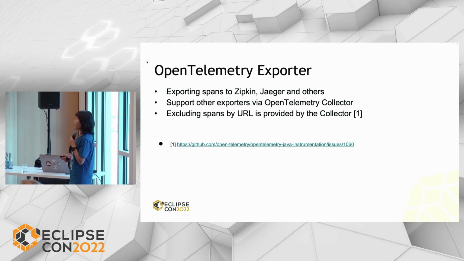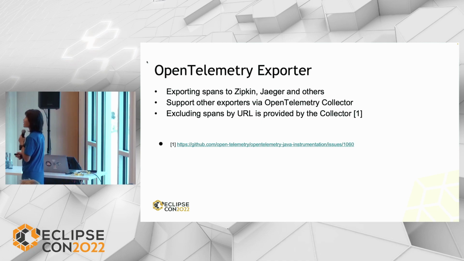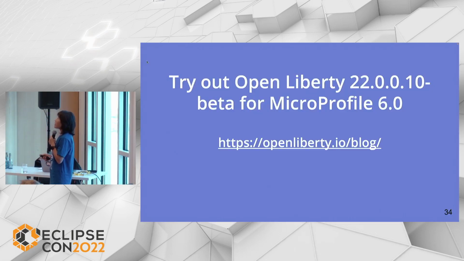So as you can see here, open telemetry supports a lot of exporters, like you can export span to Zipkin, Jaeger, others, and also there's a lot of configuration for you to configure and to filter out some spans, etc. So there's a typo here. I should say 22.0.0.12-beta. It's coming up today with Open Liberty.